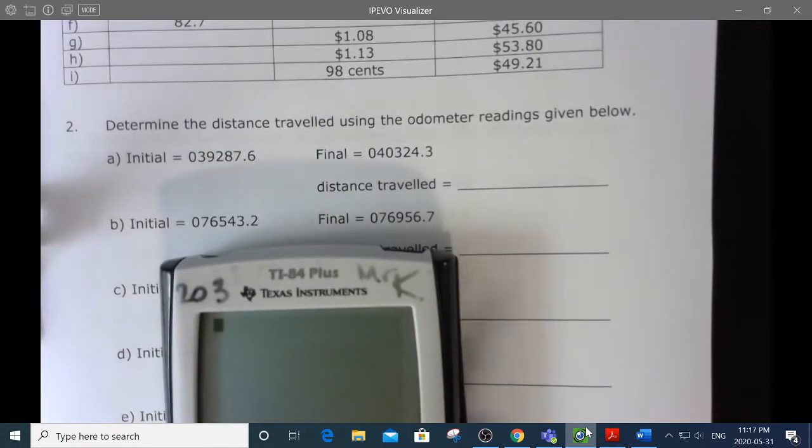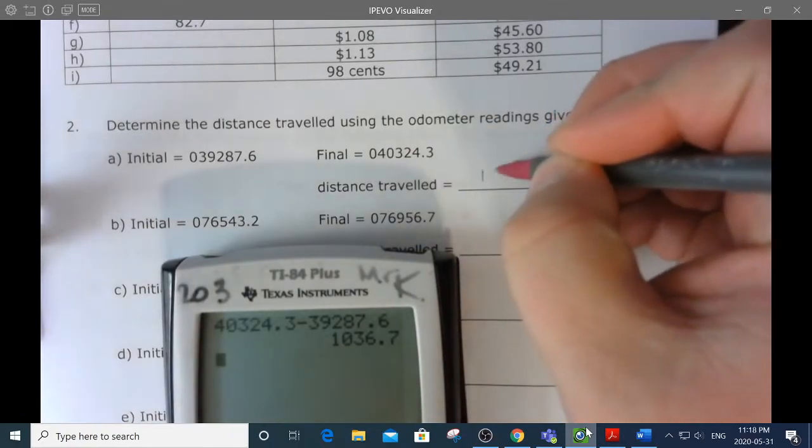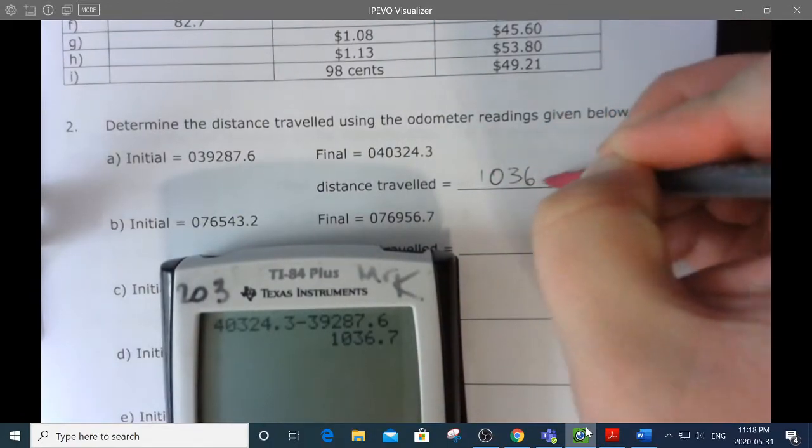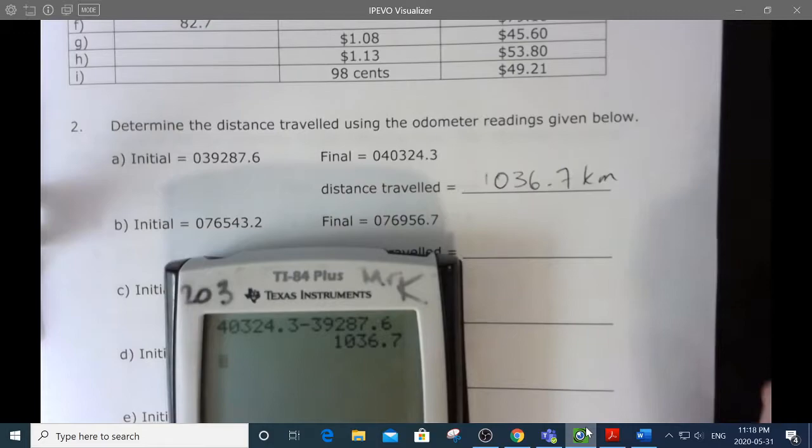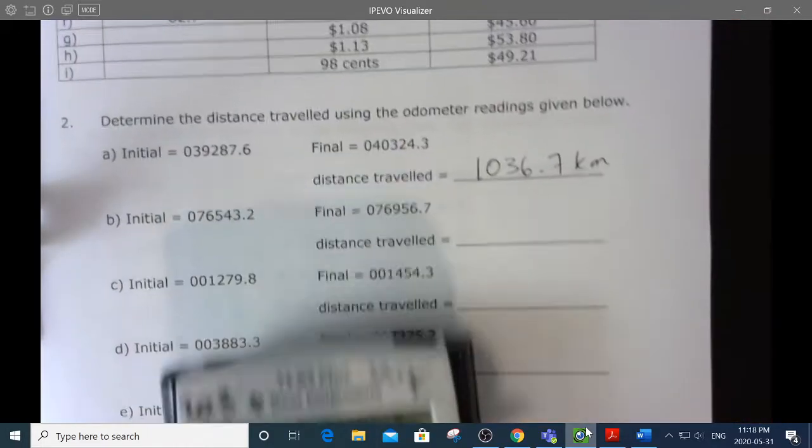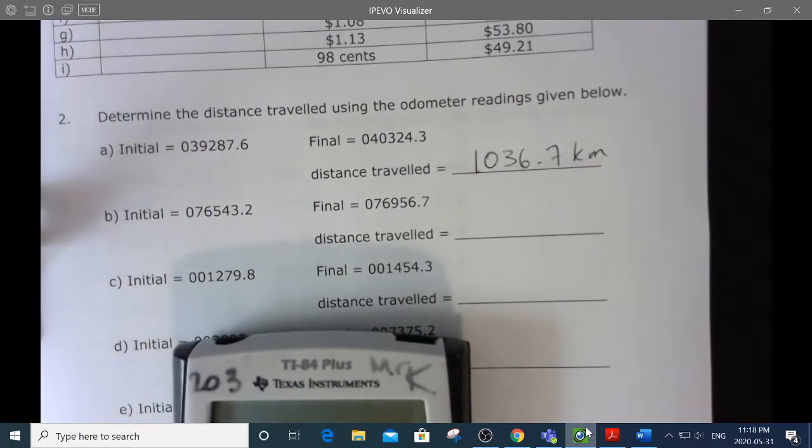So that's going to be 40324.3 minus 392.87.6, and just double check that I punched those numbers right, and that would be 1,036.7 kilometers driven.